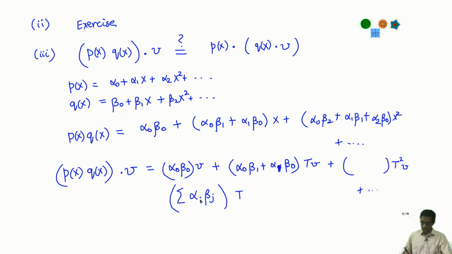If I want to know what is the coefficient of t to the i, then this is the sum over all k and j such that k plus j equals i. Okay, and this is now a sum with i going from 0 to whatever the degree of pq is.